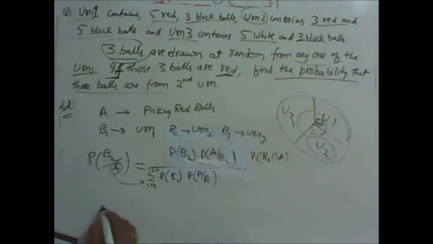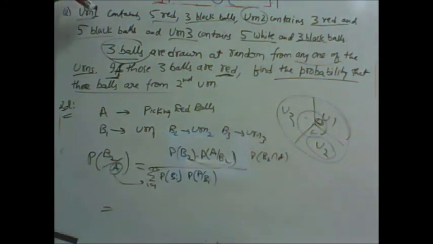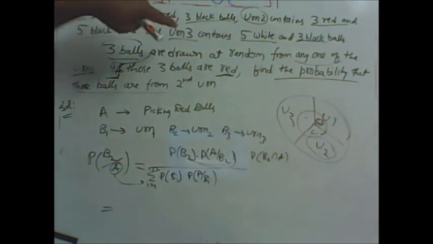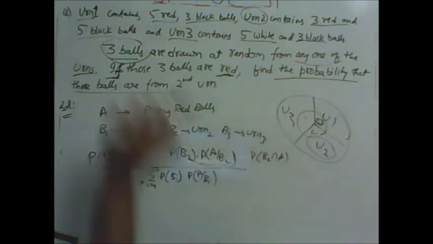So from that we will get the probability of B2. Since it is a random experiment, we can pick balls from urn 1 or urn 2 or urn 3. There is no preference. We can take from any of them, so they are equally likely.